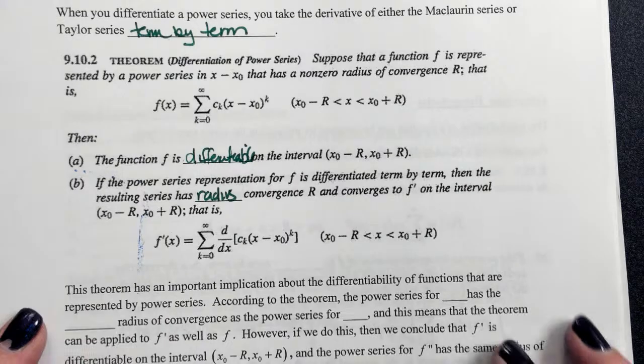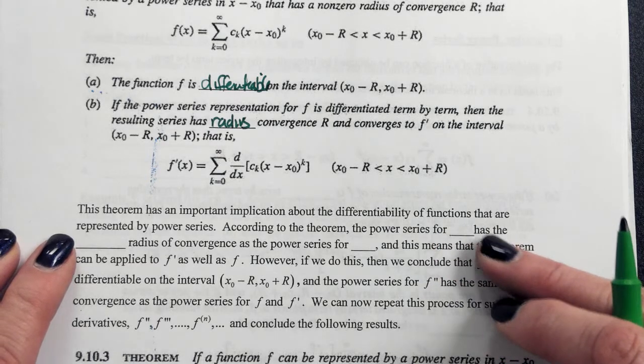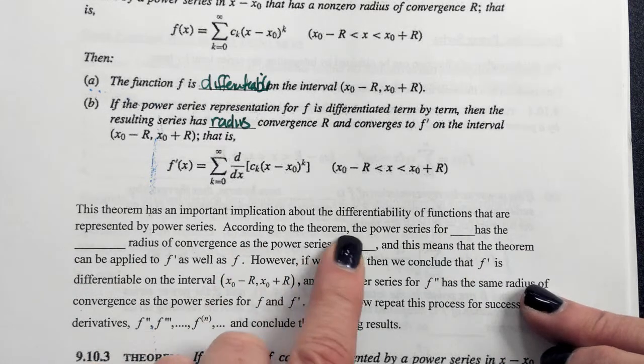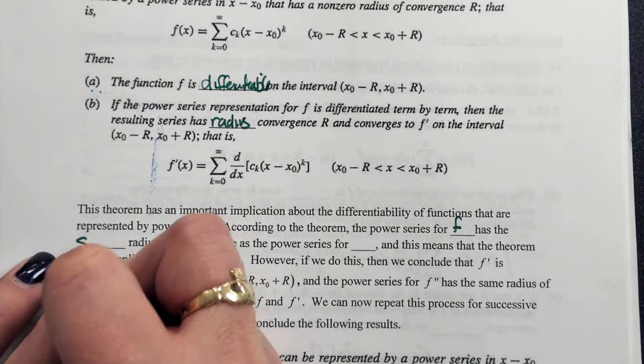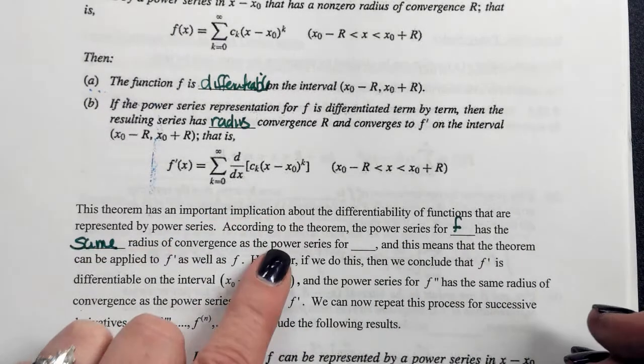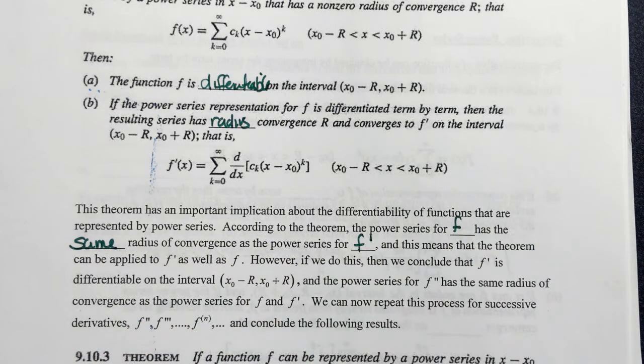So this is really just important because you're talking about the differentiability of functions that are represented by the power series. According to the theorem, the power series for f has the same radius of convergence as the power series for f prime. So your original function and the derivative will have the same interval of convergence.